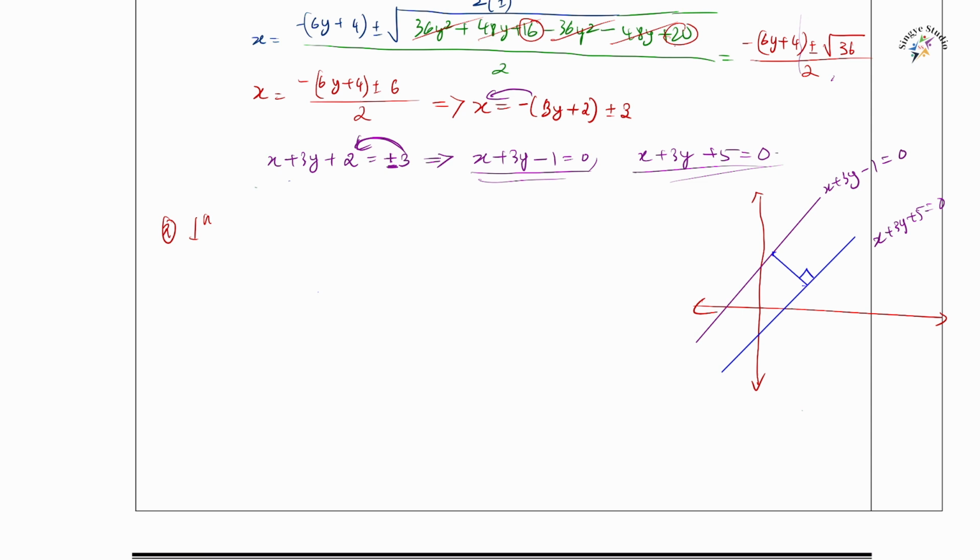Now perpendicular distance is actually the shortest distance between two lines.